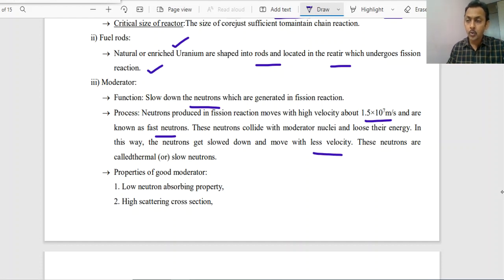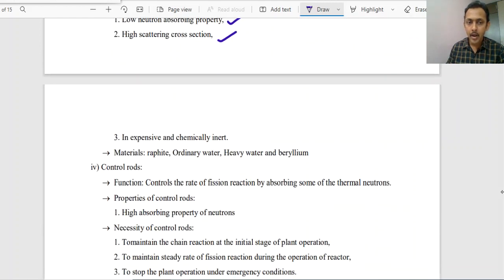In order to achieve all these things, the moderator should have a low neutron absorbing property, a high scattering cross section, and it should also be inexpensive and chemically inert.